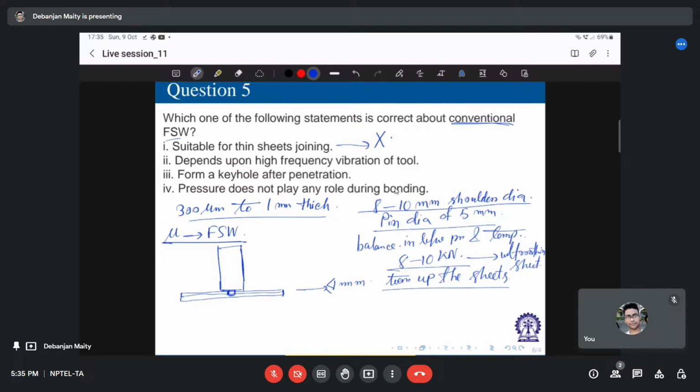Your RPM should be as high as possible, depending on your machine capacity. It can be maybe 4,000 RPM. I have seen papers that have used 10,000 RPM also. So the process window is very narrow in micro friction stir welding to get a successful joint.